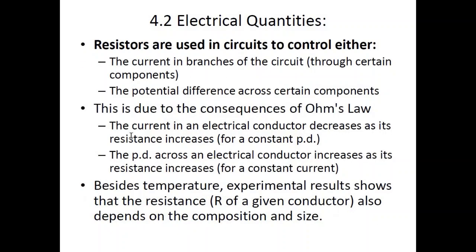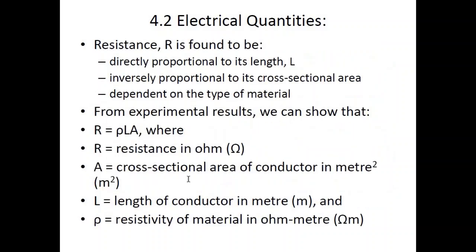Besides temperature, experimental results show that resistance also depends on composition and size of the material. R is found to be directly proportional to the length of the conductor, inversely proportional to its cross-sectional area, and it also depends on the type of material.